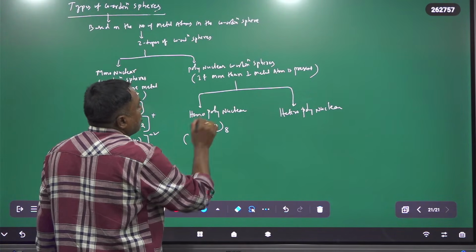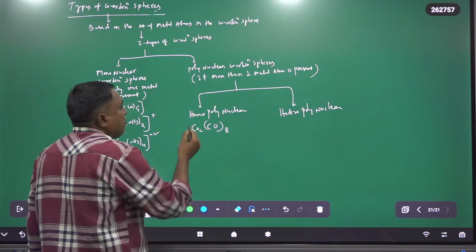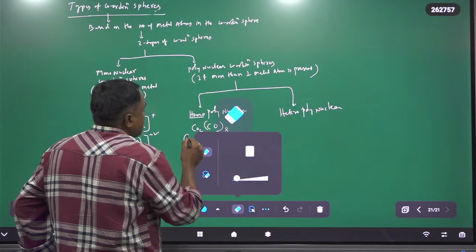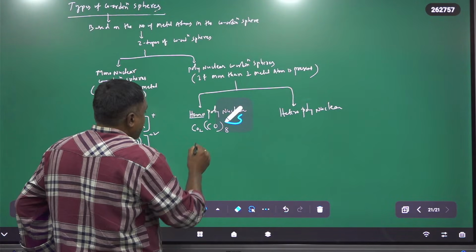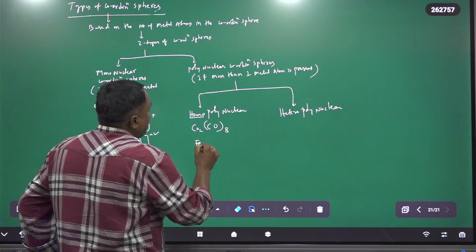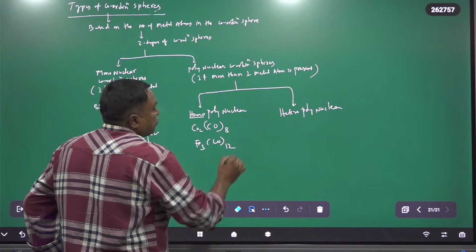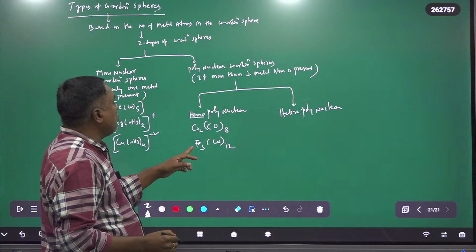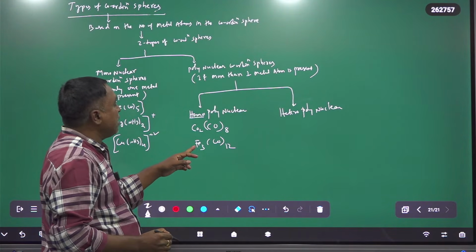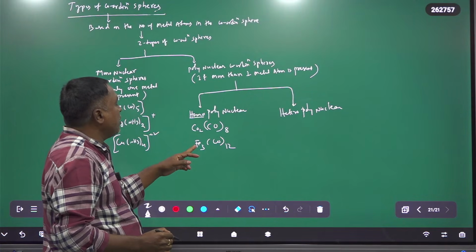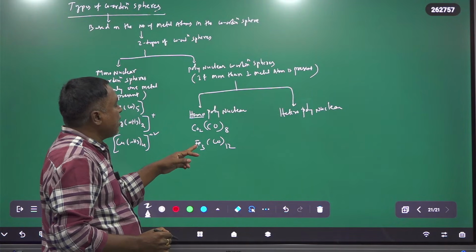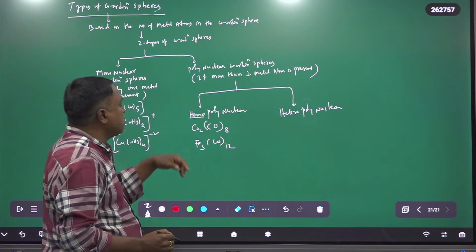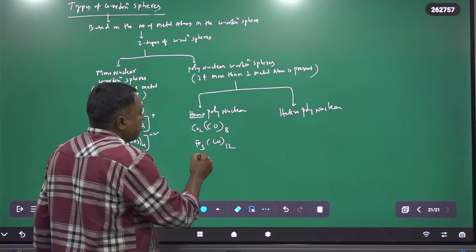But here there are two metal atoms, both the same, therefore it is homopolynuclear, Co2(CO)8. And this is Fe3(CO)12. This polynuclear compound has more than one metal atom. There are 3 iron atoms in this. In this there are 2 metal atoms, manganese, Mn2(CO)10.